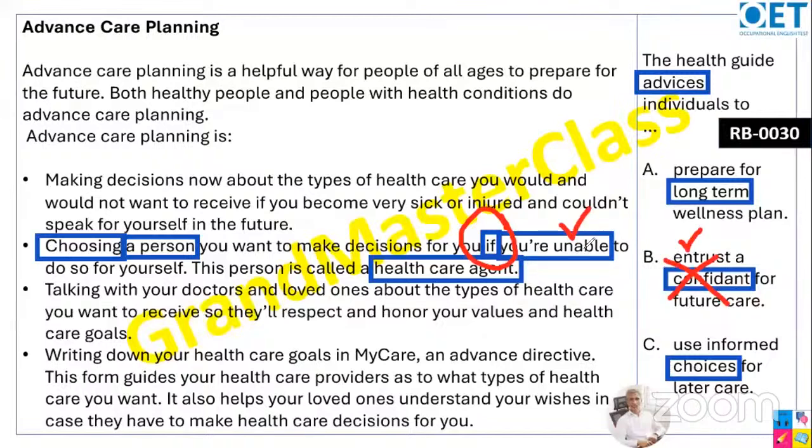If you are able to do so for yourself, no need. So try to understand, this depends on a condition. What condition? If you are unable.